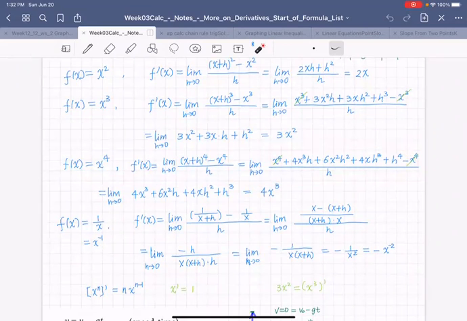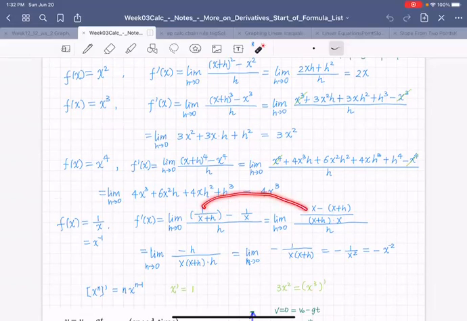Let's take a look at f of x equals 1 over x. If 1 over x, then f of x plus h equals 1 over x plus h, and then minus f of x, which is 1 over x, divided by h. We can do the common denominator. X plus h times x is a common denominator.